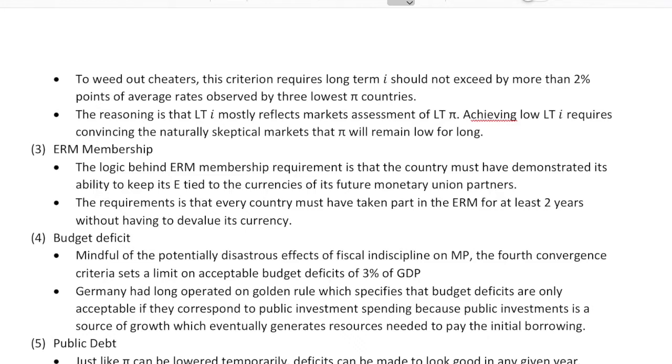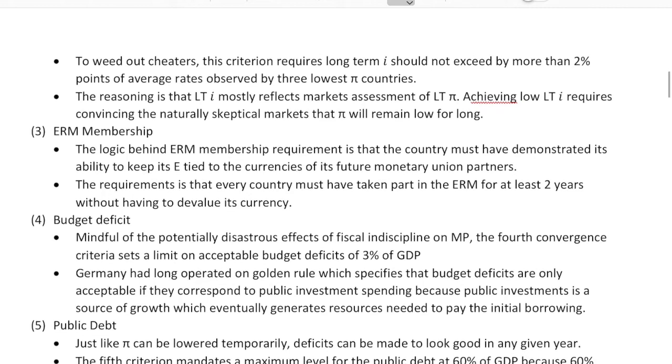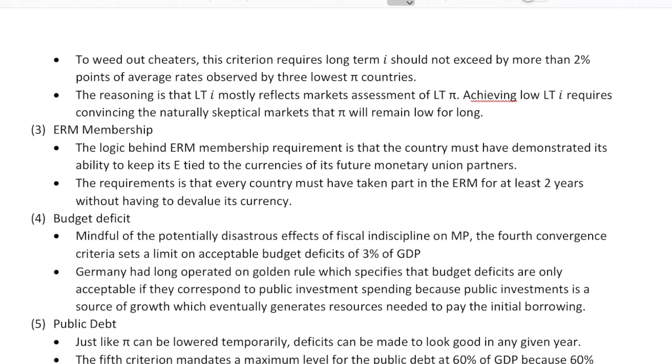Okay, and of course the requirement is that every country must have taken part in ERM for at least 2 years without having to devalue its currency. So the idea is, if you have the discipline to do whatever it takes to anchor your currency to somebody else's currency, as evidenced by your participation in ERM, then you'd be a good candidate to participate in the euro.